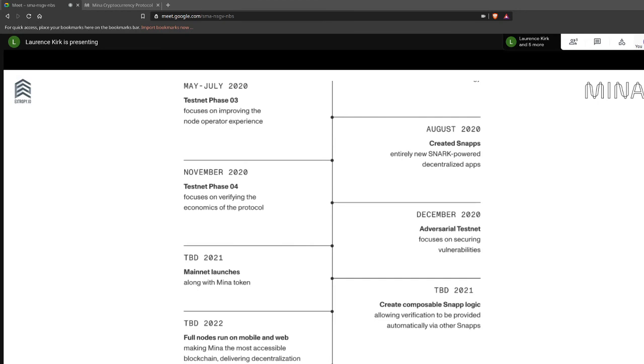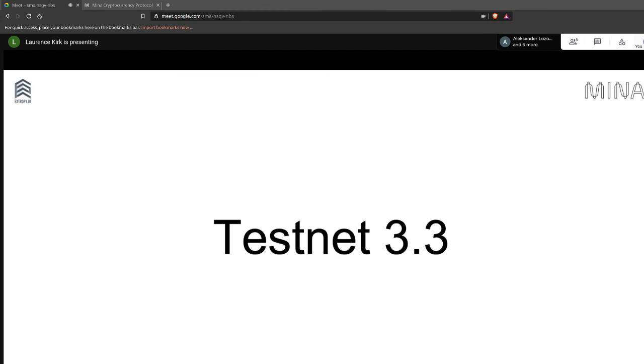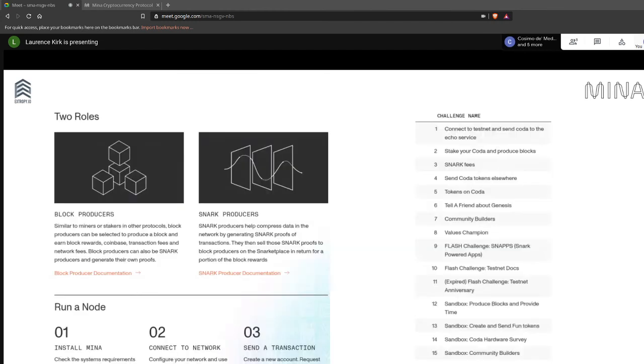I think we're about to take part in the adversarial testnet, which is the next one coming up. That's testnet 3.3. We took part in this testnet. There were some problems, but we managed to get a node up and running and producing blocks, which was good.